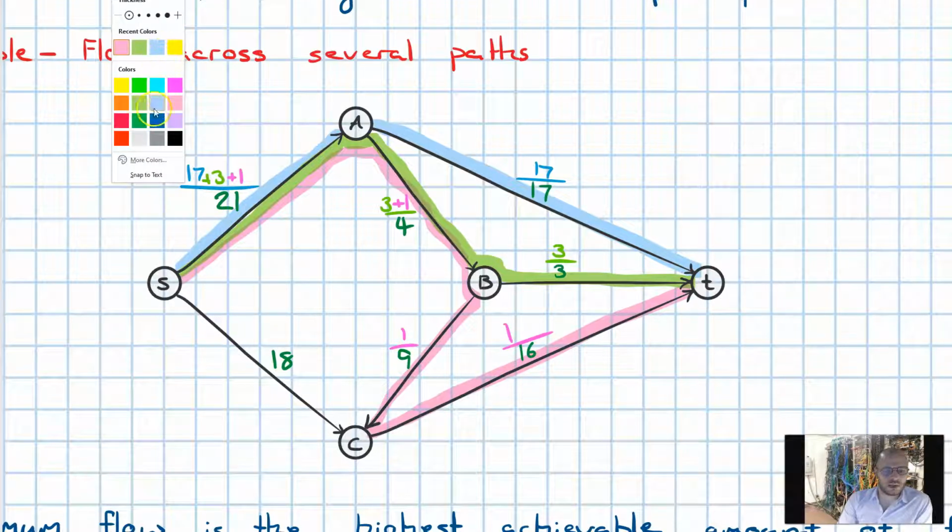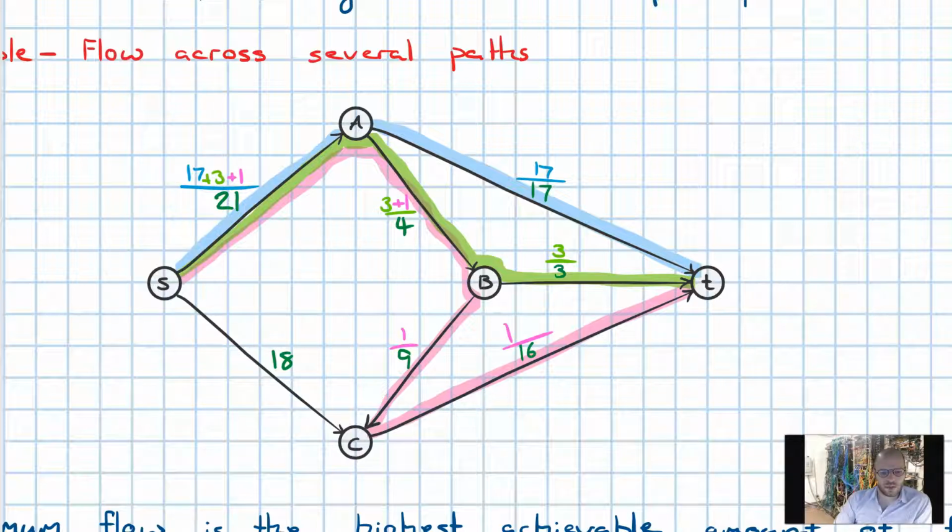Looking at our next pathway we could logically take, we have from node S down to node C, and then from node C we can go up to node T. Now the bottleneck on this path here is we've got 18, but 18 is bigger than what we have left over here. We've only got 15 units of flow left here.